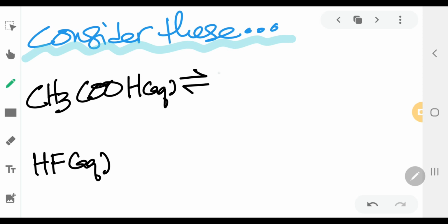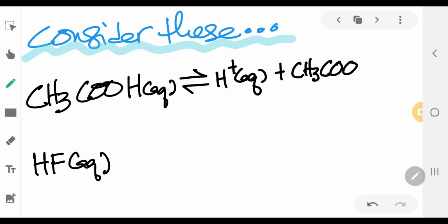It will still produce the same proton, and that proton will leave the compound and form this negatively charged species.